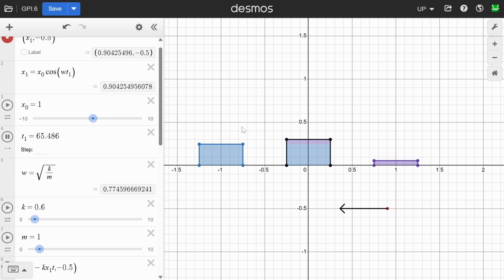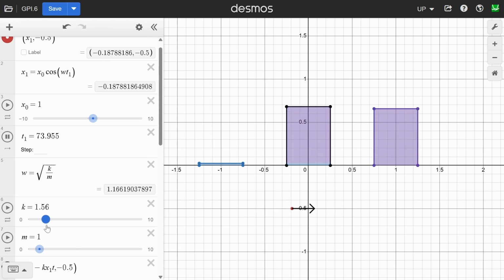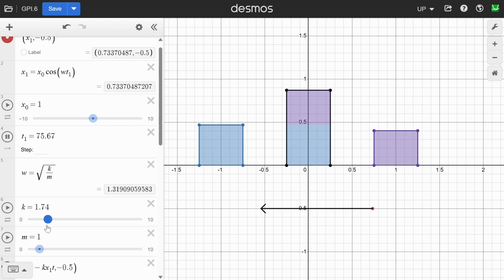As long as we add the first one and the second one, you could see that the colors are changing. From purple it goes to blue, and then from blue it goes to purple. You could see that the purple goes to 0 when it is at its maximum point. And if you try to increase the stiffness of the spring, you would see that the energy is much higher.